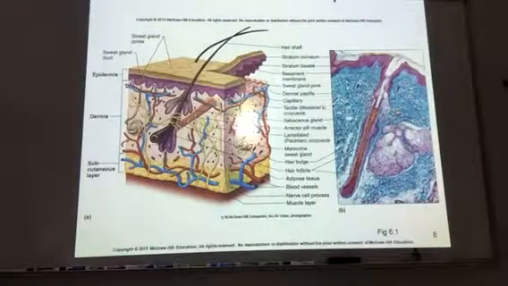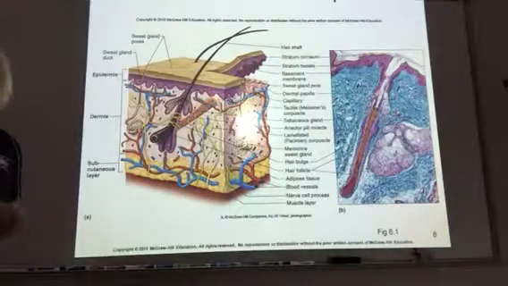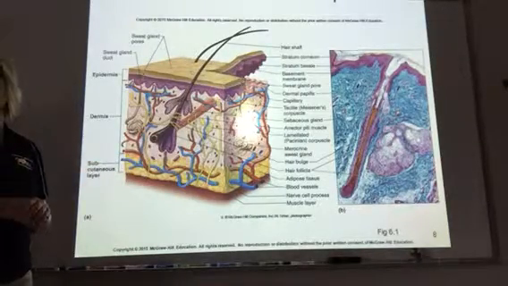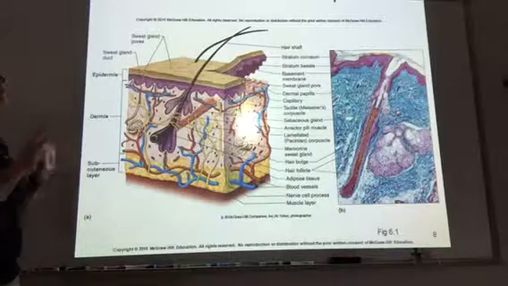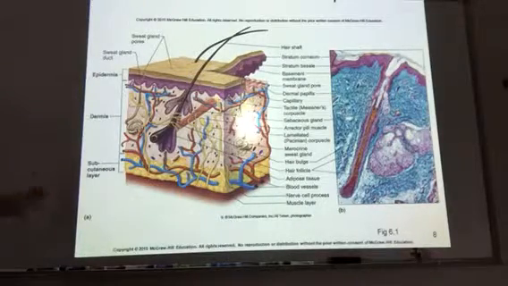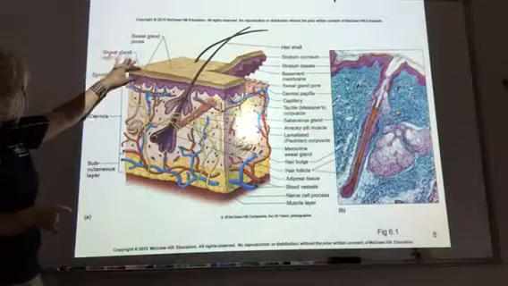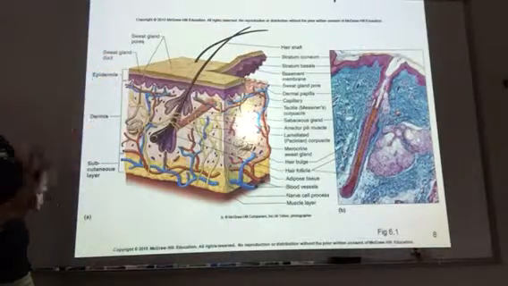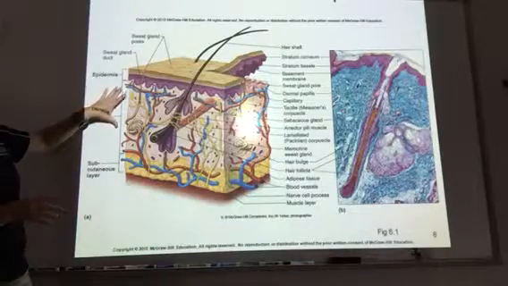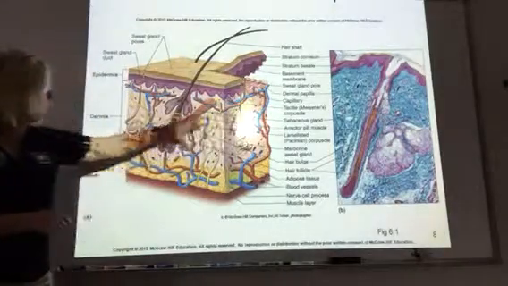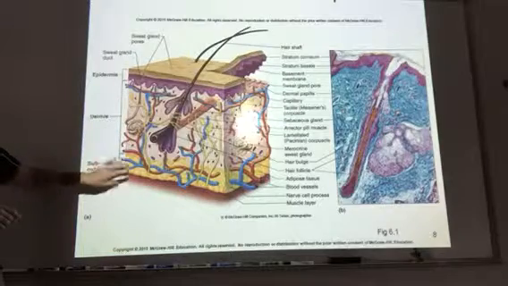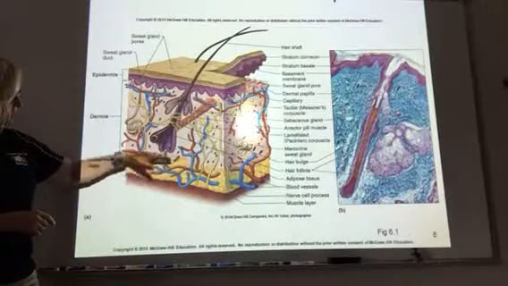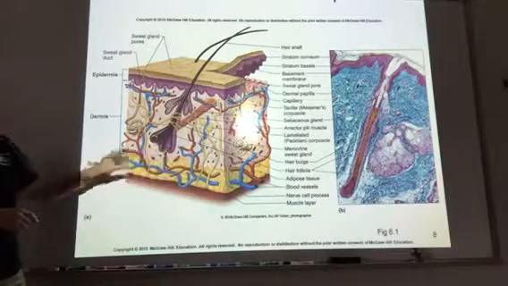I do expect you'll see something similar to this diagram on your test. Here is my epidermis, the top layer, and we'll look at its different layers also. The dermis is a very large middle layer, and the subcutaneous layer is basically fat, with some connective tissue connecting here.